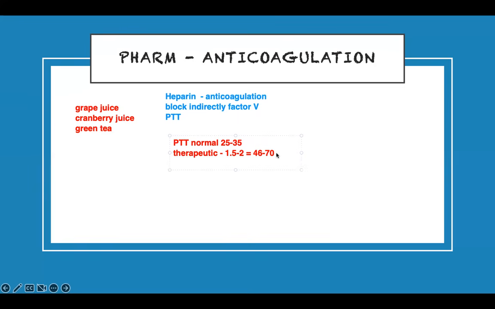Remember, heparin is IV only or sub-Q. There's no oral, no PO. Okay? If you're taking sub-Q, no need for PTT.